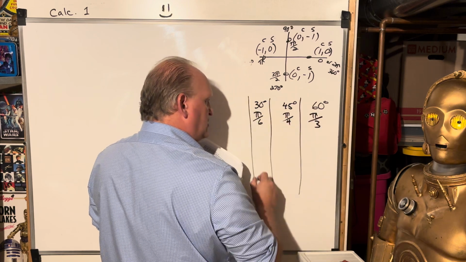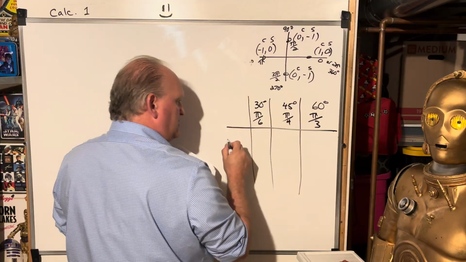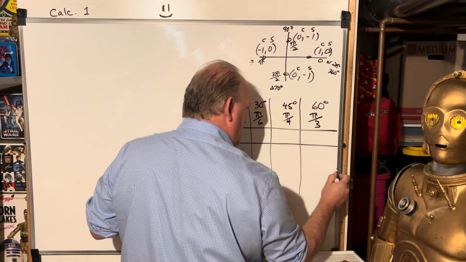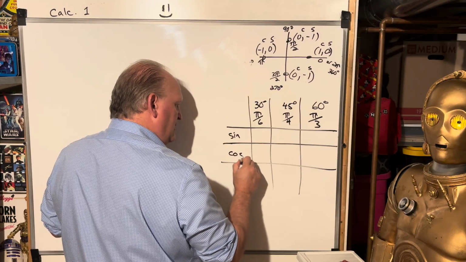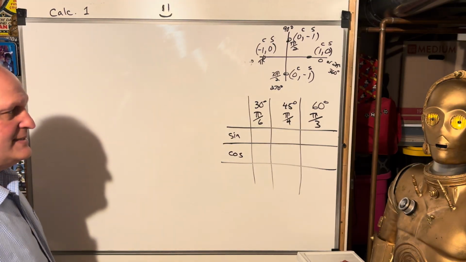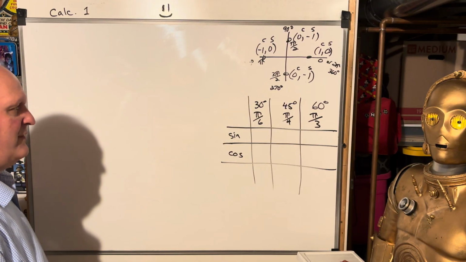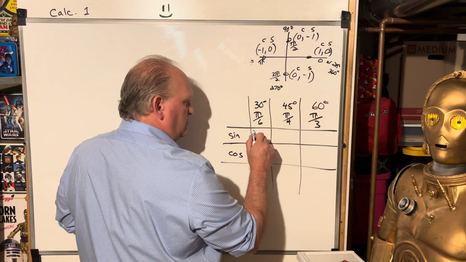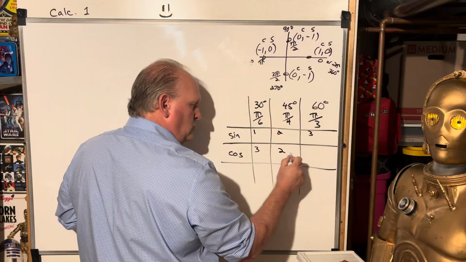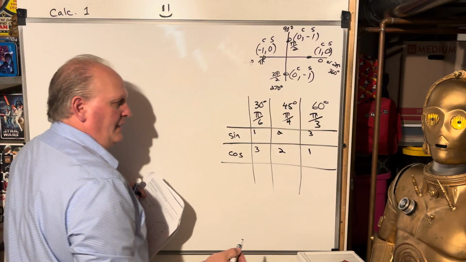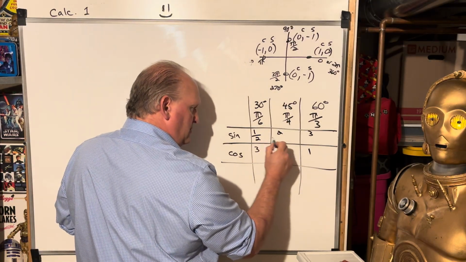So you can make this little chart right on your test, right when you get your test, you can write this down on your scrap, for sine and cosine. This is the easiest way I've ever seen this done. So it's 1, 2, 3, 3, 2, 1, and then you divide everything by 2.